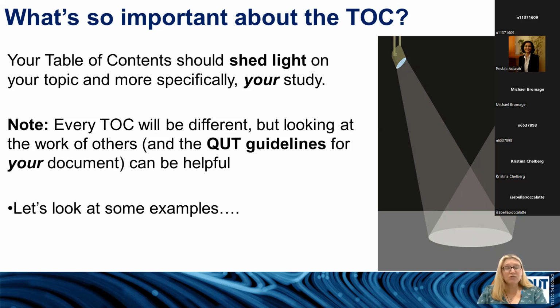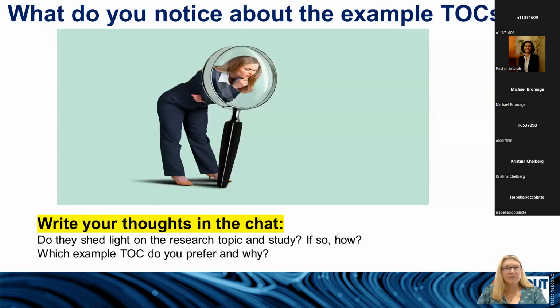What I would really want to see from your proposals is subheadings that give us a little bit of information. We can look at your table of contents and say, okay, this looks interesting, I know what topics are being investigated here, and I'm looking forward to reading what's under those subheadings.